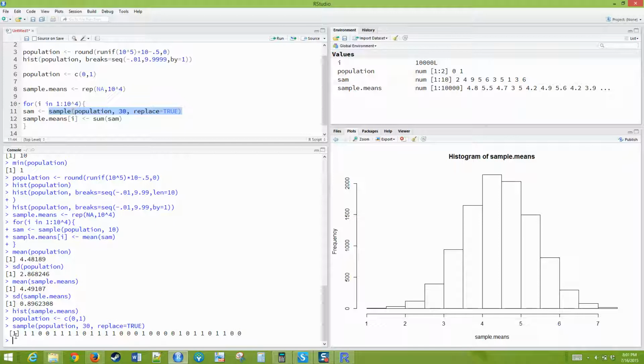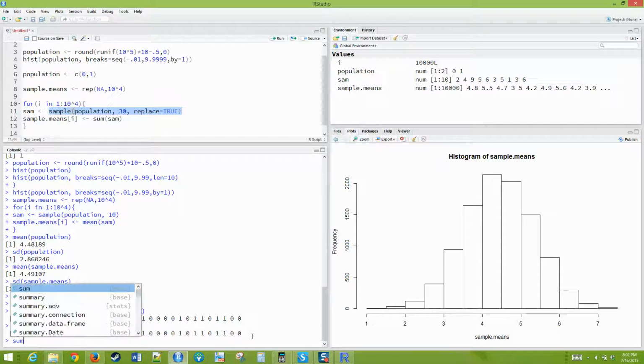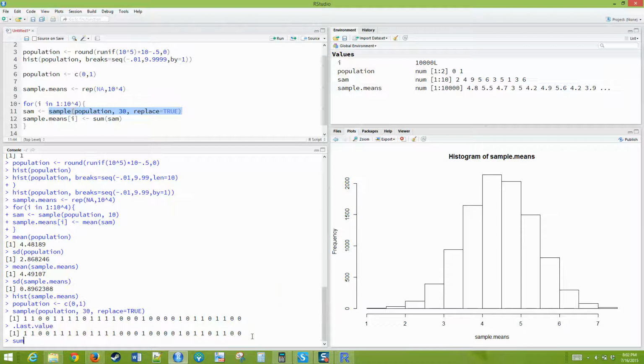The first thing was a yes, so I got yes, yes, no, no, yes, yes, yes, yes, no, etc. And I can just sum up the sample, and this would tell me how many times I got yes, right? So I think I have to do that last value. Yeah, so I can add these up. What's going on?